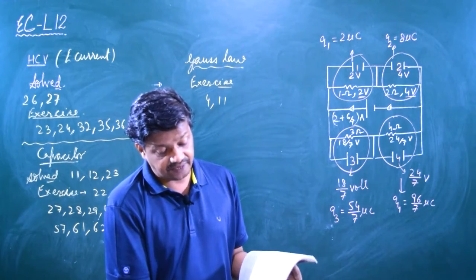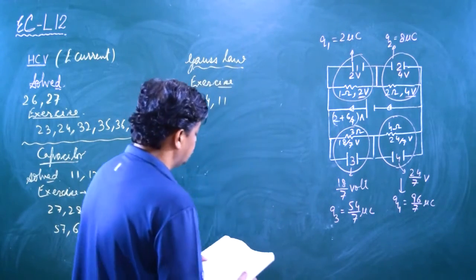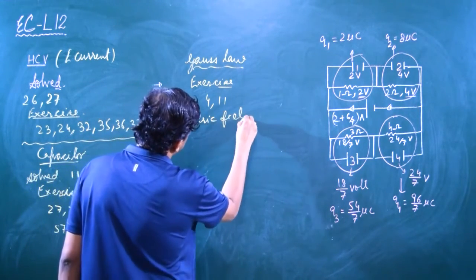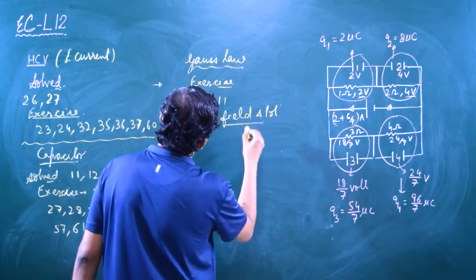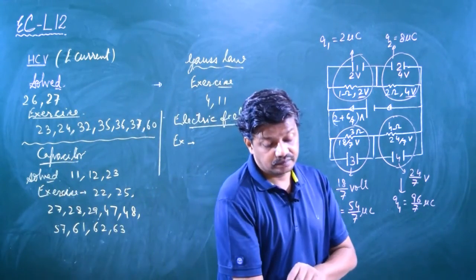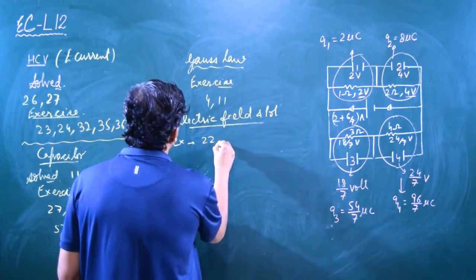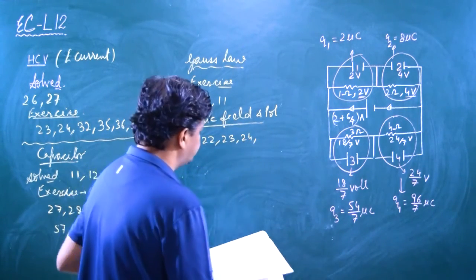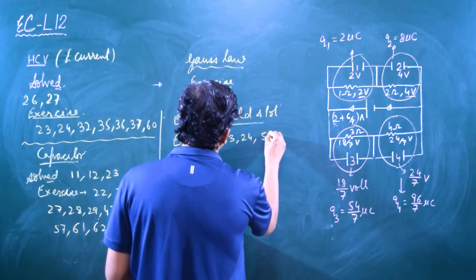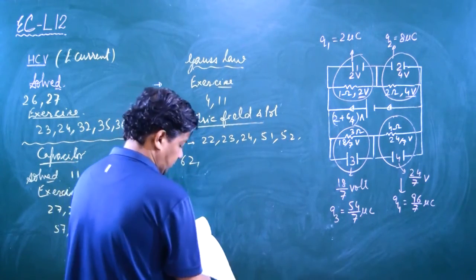Then from the previous chapter, that is electric field and electric potential, exercise 22, 23, 24, 51, 52, question number 62.